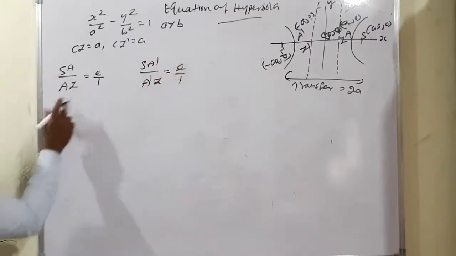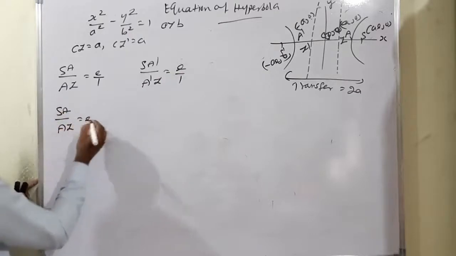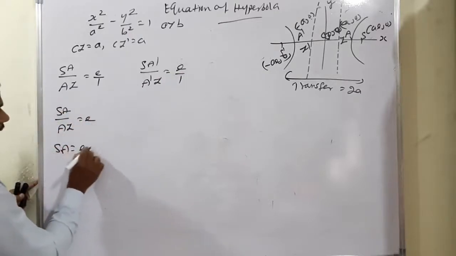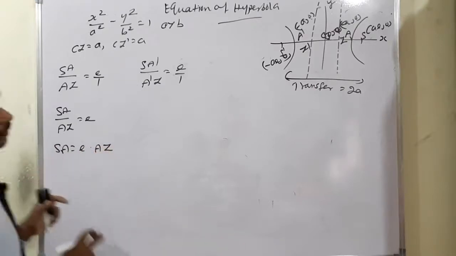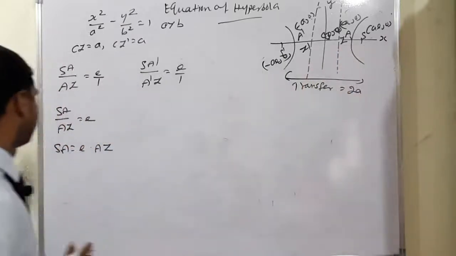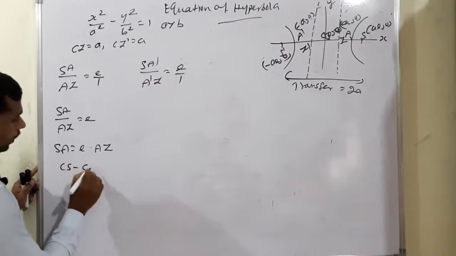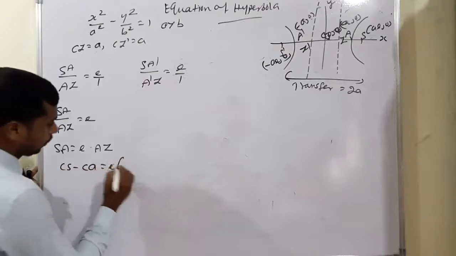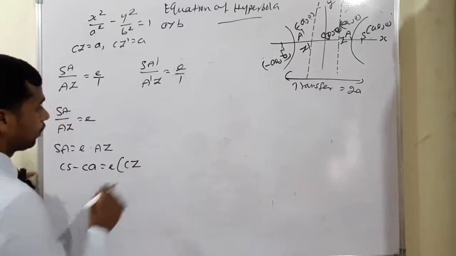Using the first condition, SA divided by AZ is equal to E, so SA is equal to E into AZ. SA we find as CS minus CA, and AZ as CA minus CZ.